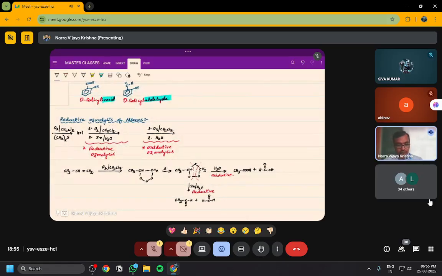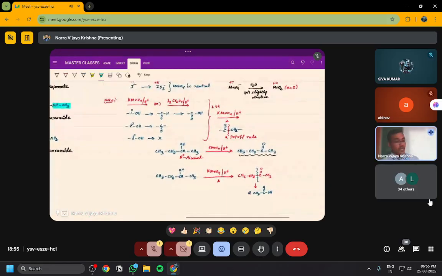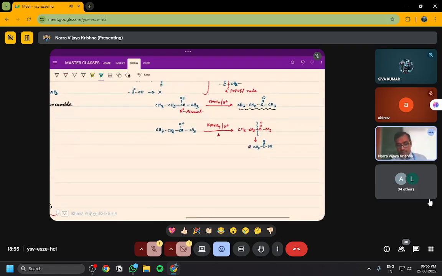Here we are getting formic acid. In the same way, if I am getting formic acid, here also I should get carboxylic acid, right? Alcohols in presence of KMnO4 give carboxylic acid. Here also, if you get formic acid, you will get carbon dioxide.